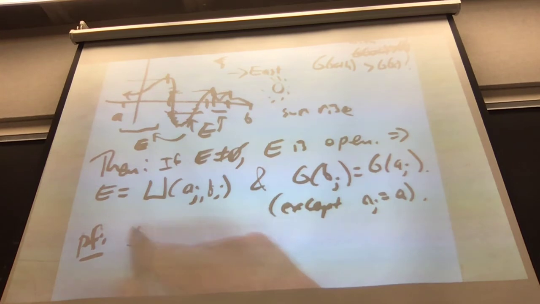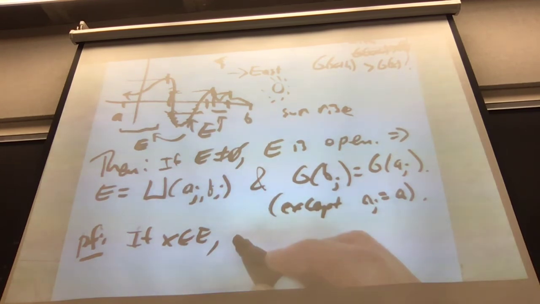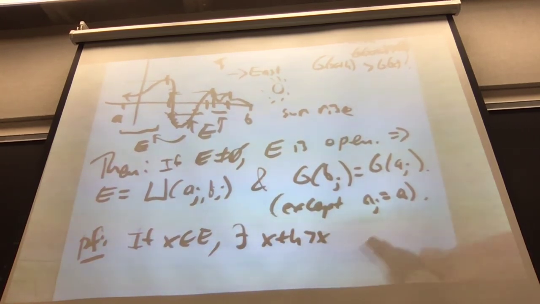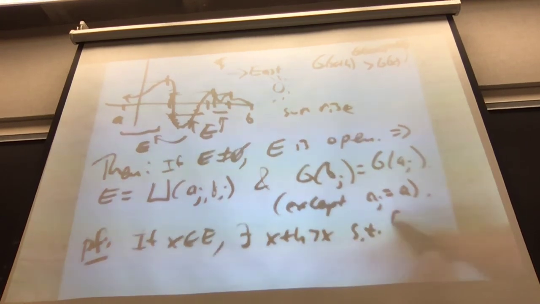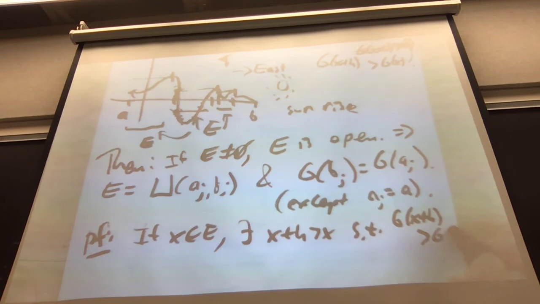Okay, so if x is in E, then there's some future point that rises above it. So there exists some point after it such that g of x plus h is strictly bigger than g of x. That's what it means to be in E.